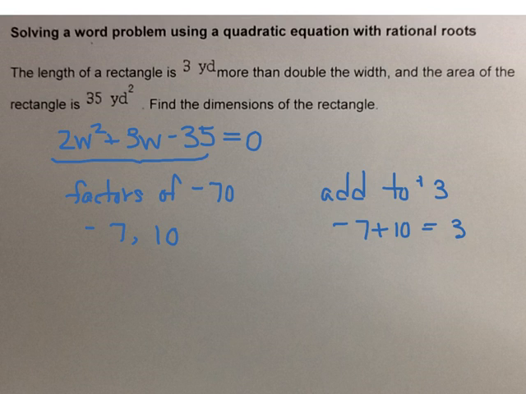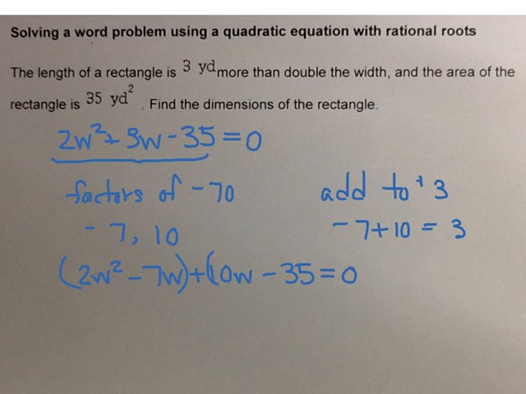So I'm going to rewrite my quadratic as 2W squared minus 7W plus 10W minus 35 equals 0. So remember, this is the AC method, and now I'm going to group.